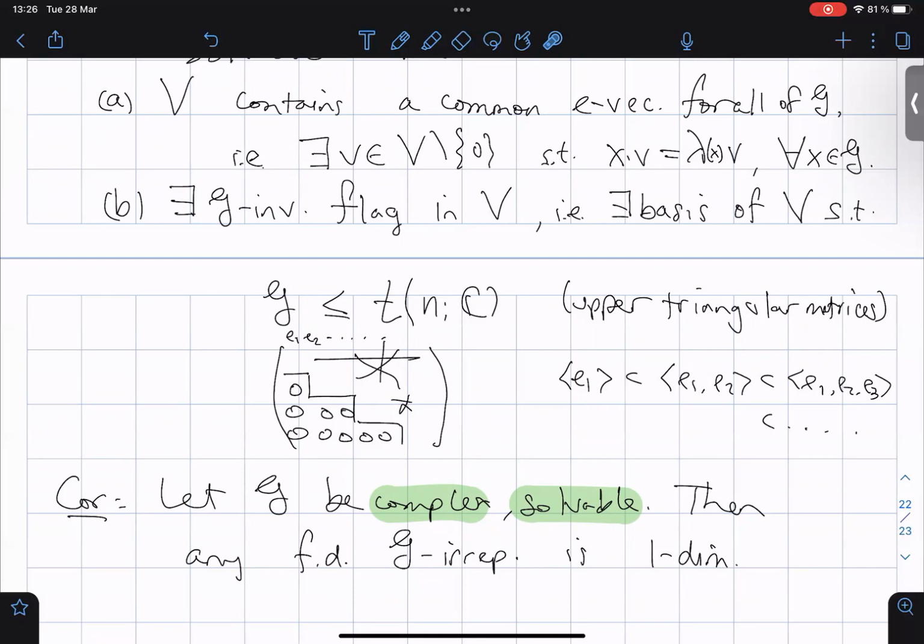And under nice conditions, you have this complete reducibility property that you could split apart any representation into a direct sum of irreducibles. But for solvables, you don't in general have this complete reducibility property, and irreducible representations are relatively not so interesting. They're important, but there's a lot more complexity to the solvable cases, right? If I just take upper triangular matrices, you can see there is some complexity in there.